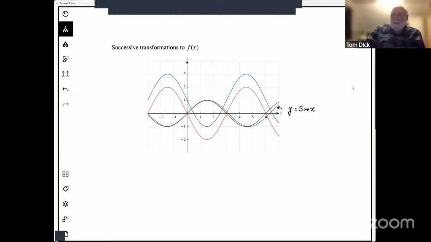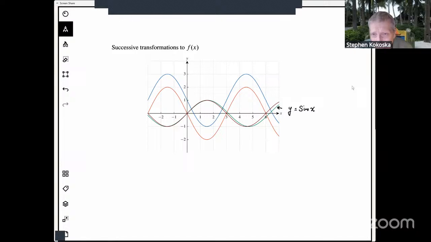Now there's a curve very close to that, and I think in my figure here, it might be kind of brownish. It almost looks shifted just a little bit, but what's happened there is that the period has changed from 2 pi to 6. Those periods are very, very close. And so this graph right here is y equal to the sine of pi over 3 times x. So that's all in the argument.